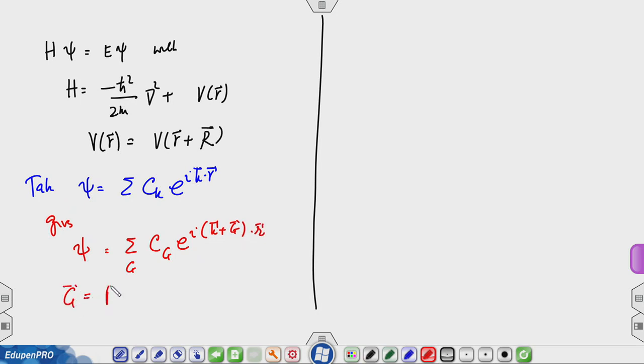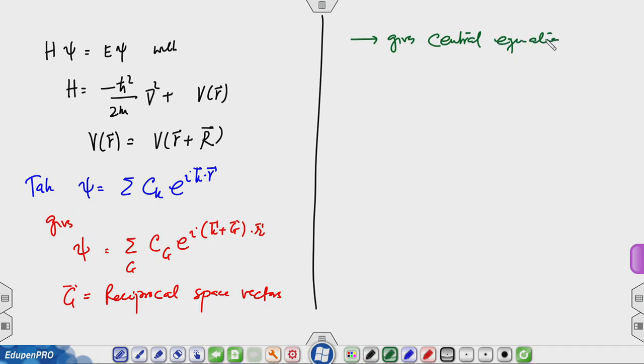G are reciprocal space vectors, and then the equations come. That equation that I wrote is known as the central equation, and its solution gives E as a function of k and psi of r. Now, let us write Bloch's theorem.